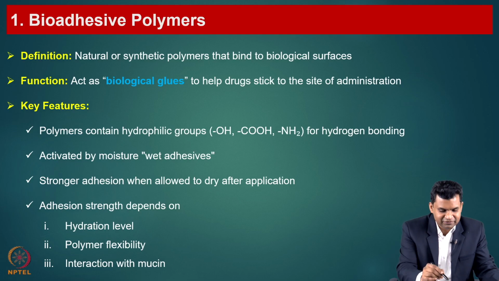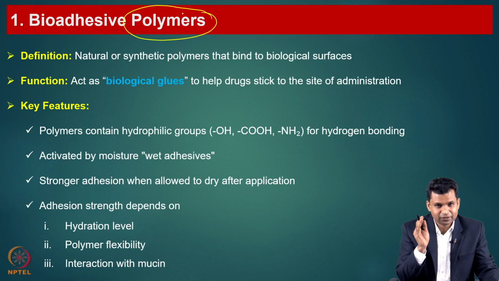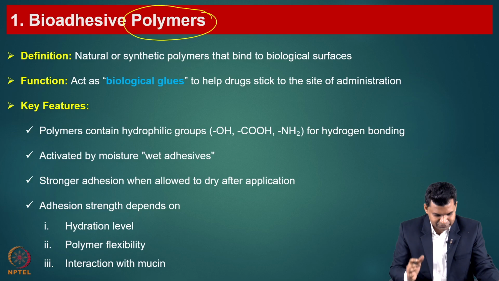So, one thing is very clear: polymers have a crucial role in developing novel drug delivery systems. Whatever the type of properties, polymers have a major role in novel drug delivery systems. So, today we are going to discuss the bioadhesive polymers.